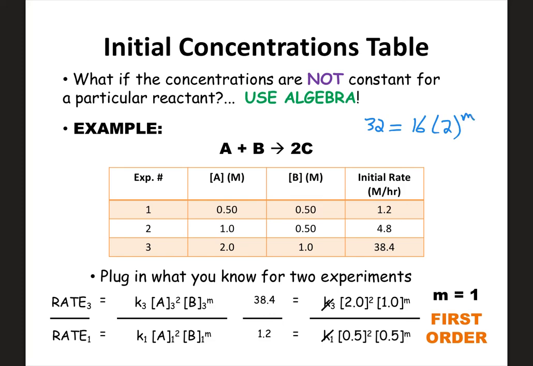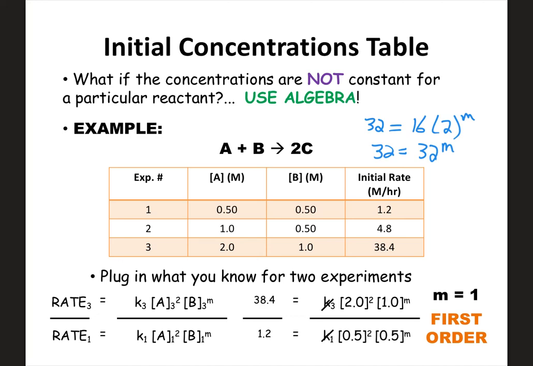So you're just solving for your exponent here. Again, if you did the math, you'd be at 32 equals 16 times 2 to the m. So if you solve for the exponent, m is going to be equal to 1. So the reaction is going to be first order here with respect to B.